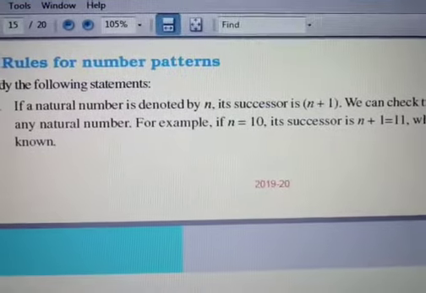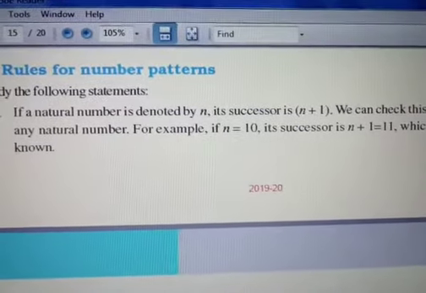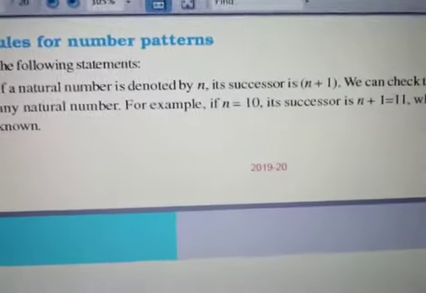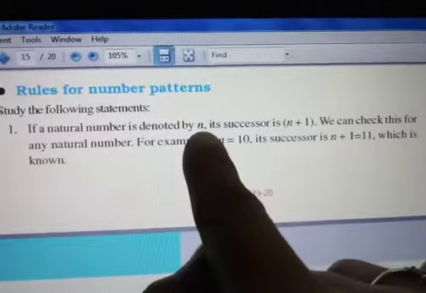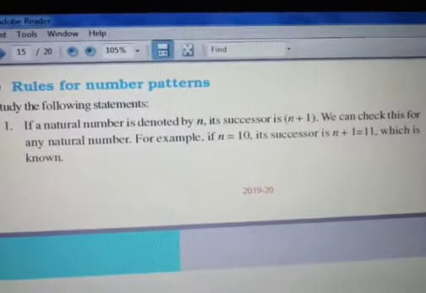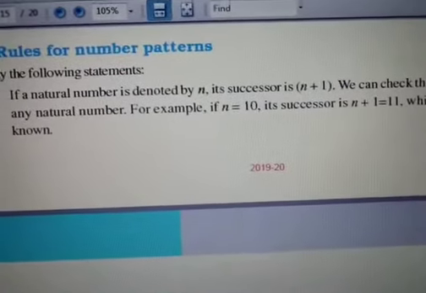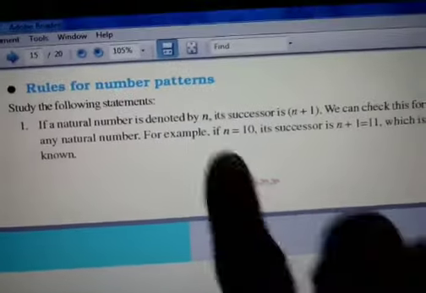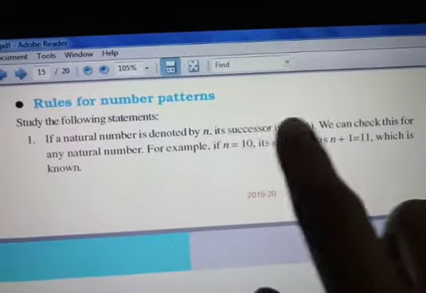Okay, these are your rules for number patterns. There are certain rules followed for number patterns that will be expressed using expressions. If a natural number is denoted by n, the successor is n plus 1, correct? If 1 is n, its successor is 1 plus 1, 2. So if n, the successor is n plus 1. So this is the expression.